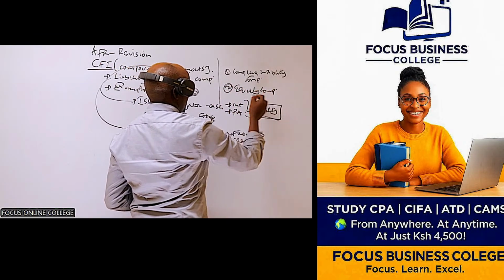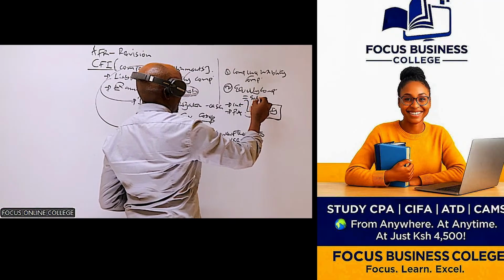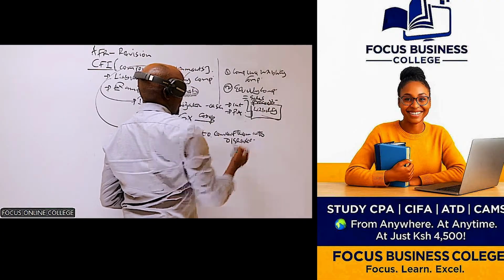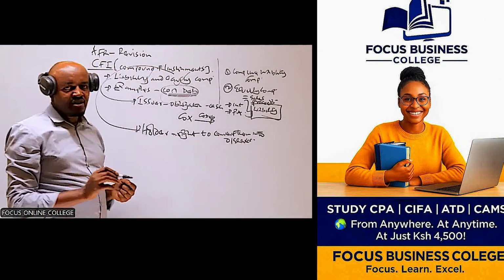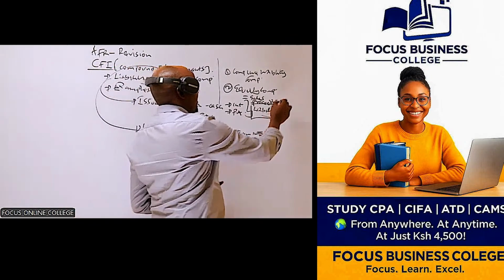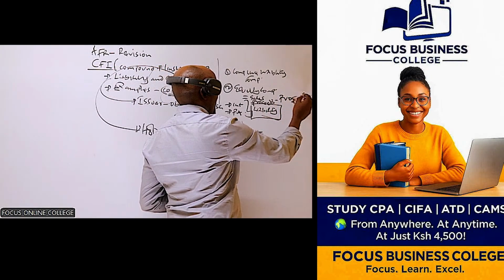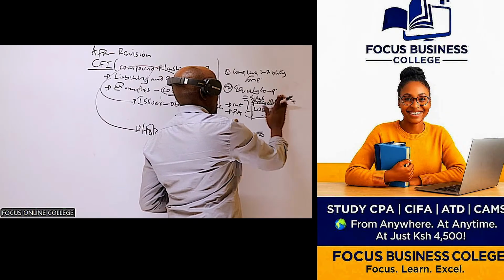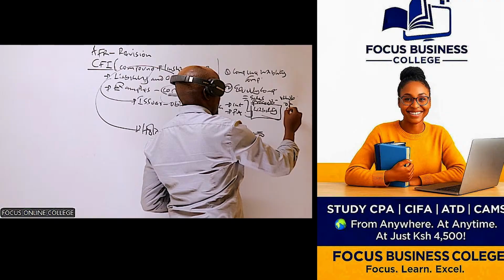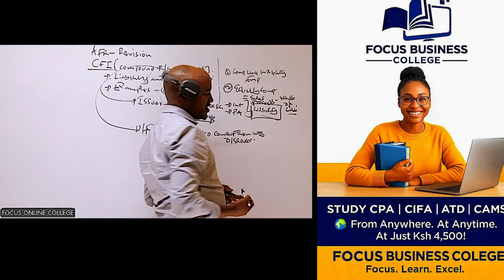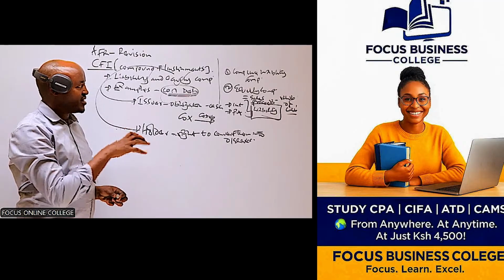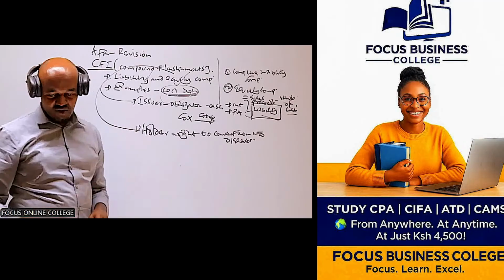The equity component is equal to the sales proceeds, basically the amount of money which the company received after issuing those compound financial instruments, minus the value of the liability component. That's basically how we split the two parts, the liability component and the equity component.